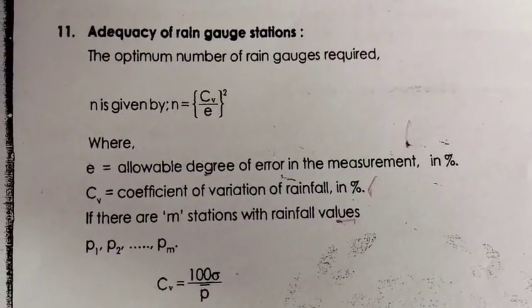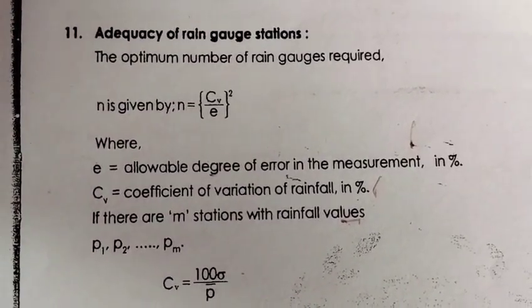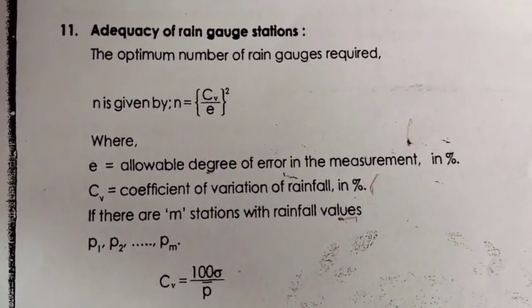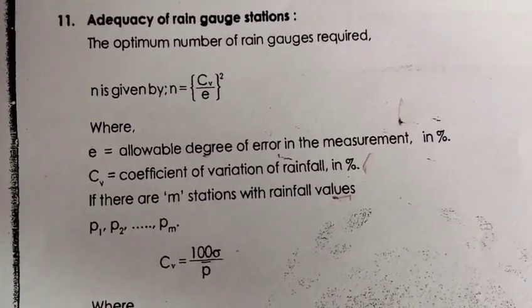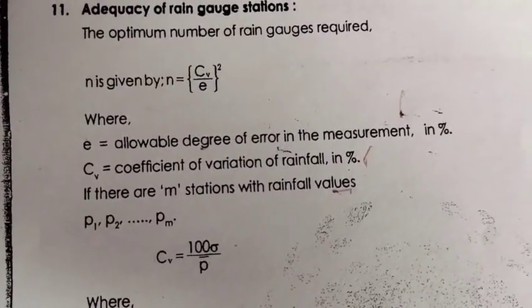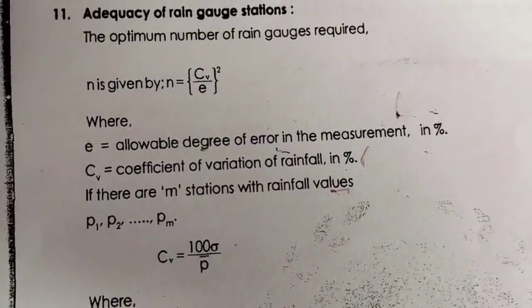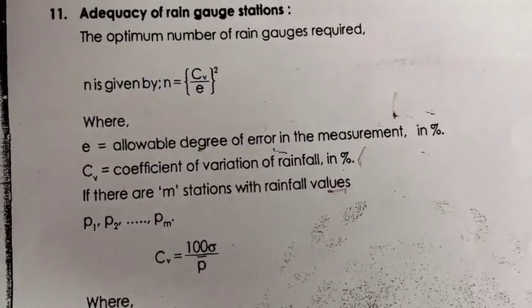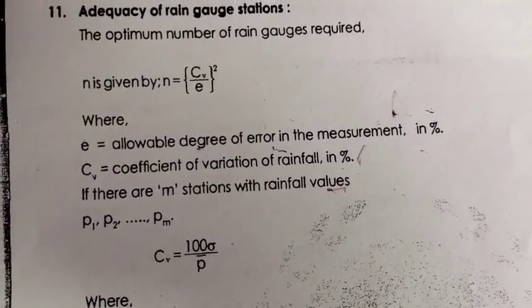If there are m stations with rainfall values P1, P2, P3 up to Pm, then the coefficient of variation is to be calculated by the formula CV is equal to 100 sigma upon the mean value of the rainfall, that is P bar. So CV is equal to 100 sigma by P bar.